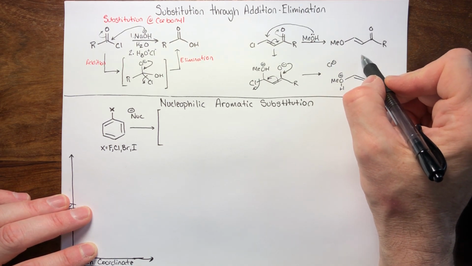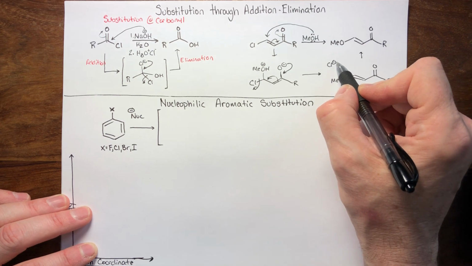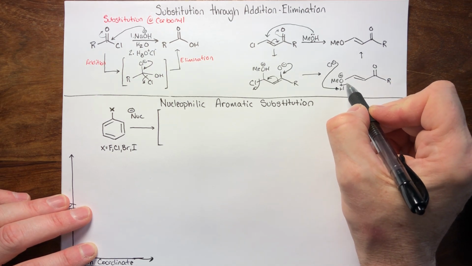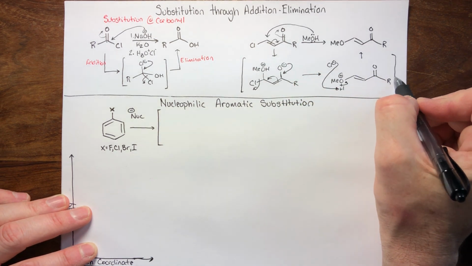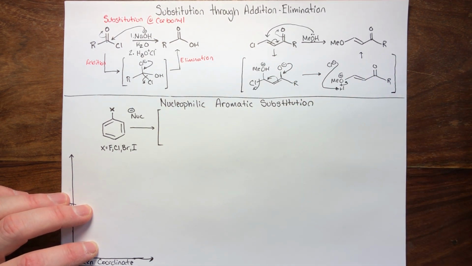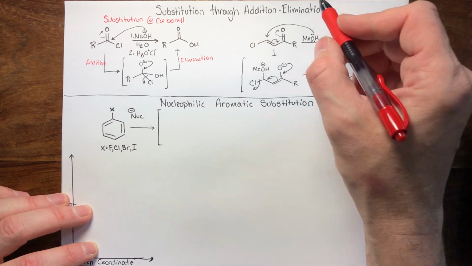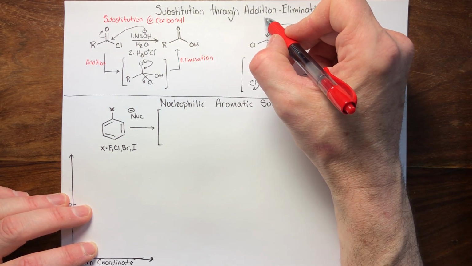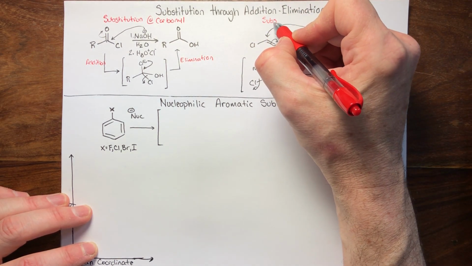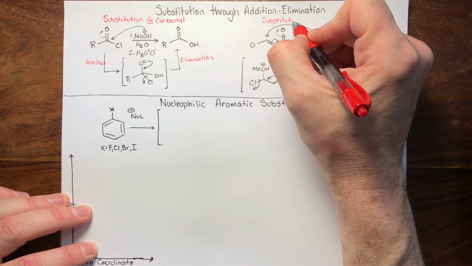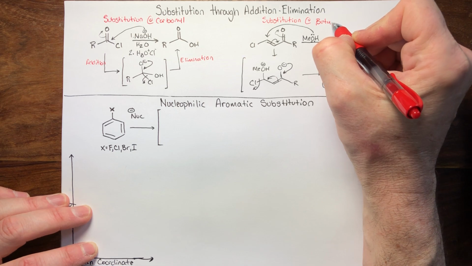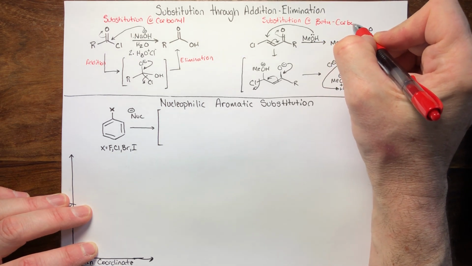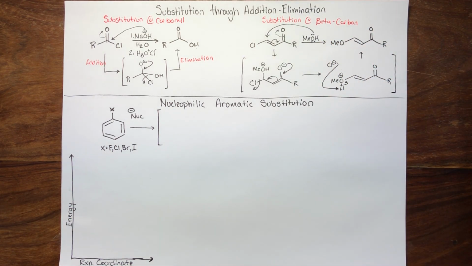And then to get to the product, it just involves plucking off a proton and forming that product. So this reaction would represent substitution at the beta carbon of an alpha-beta unsaturated carbonyl system.